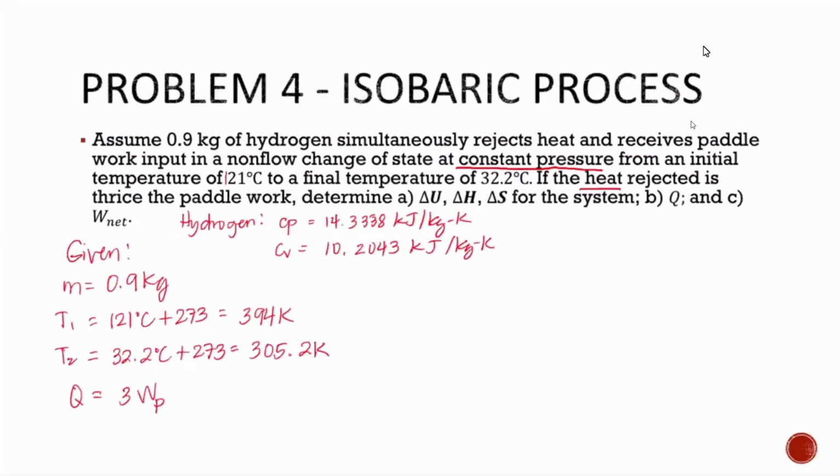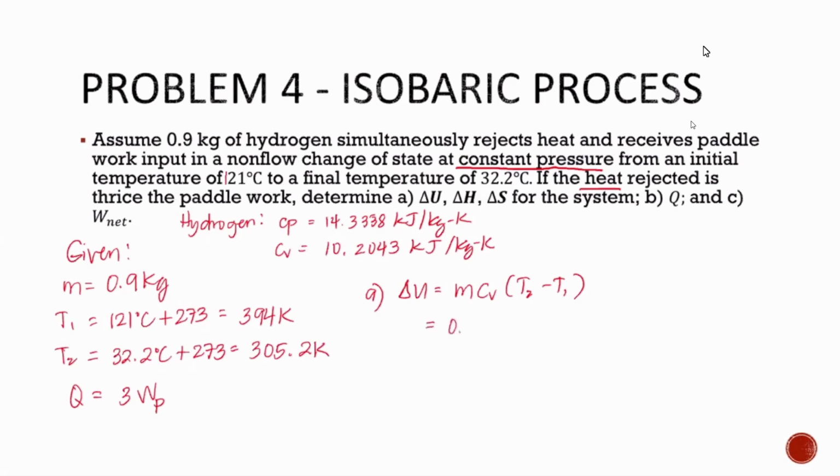Okay, ang letter A, ang hinahanap ay delta U, or the change in internal energy. Ang formula natin is the mass CV T2 minus T1. Lahat ba ay given? May mass, may CV, may T2, may T1. Okay, so ibig sabihin we can solve.